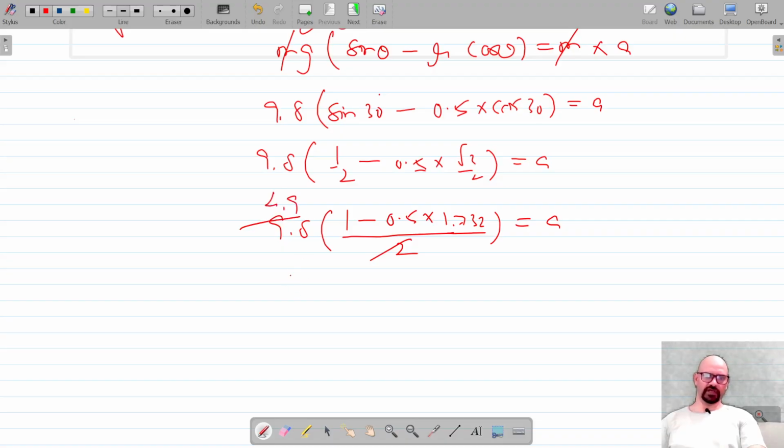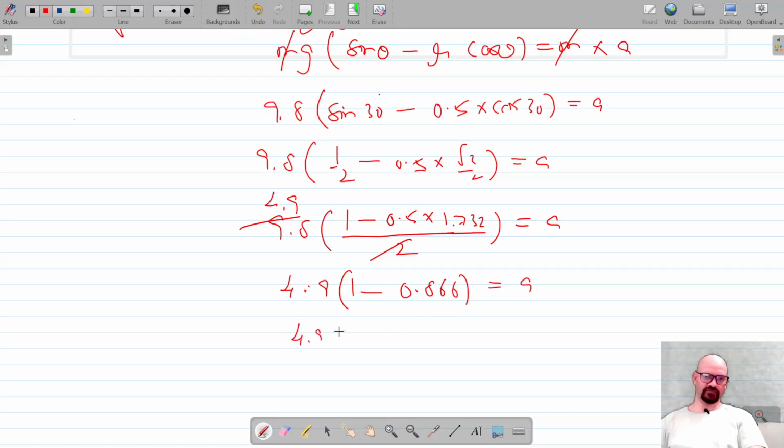This is 4.9. So acceleration is 4.9 into 1 minus 0.5 into 1.732. So 0.5 into 1.732 should give us 0.866. So this is 0.866.